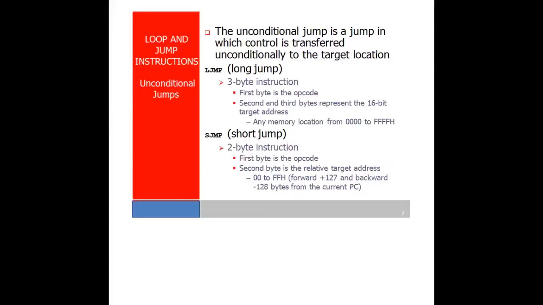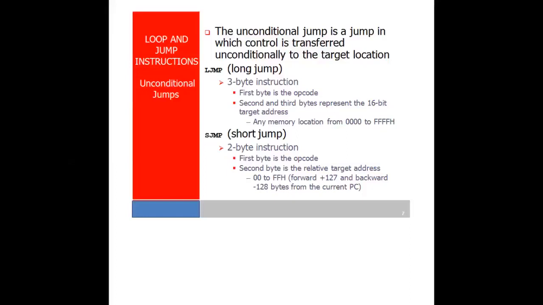It is a 3-byte instruction: the first byte specifies the opcode, and the second and third bytes represent the 16-bit target address. So it can jump to any memory location from 0000 to FFFFH. LJMP means long jump.